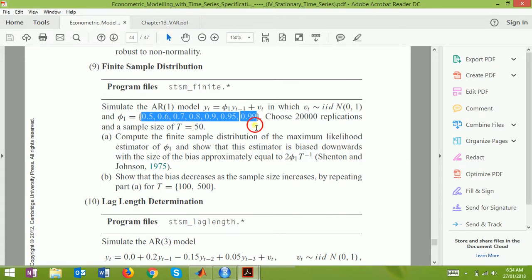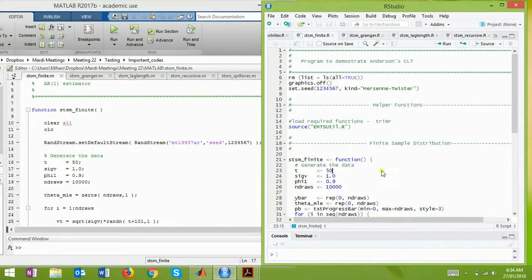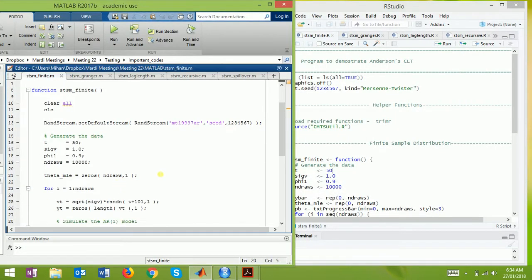So we're taking phi1, we're just taking 0.9. And then the maximum likelihood estimation of our theta parameter will be stored in zeros. So we want theta to have the size of the number of replications. The vector will be the size of the number of replications in one column.